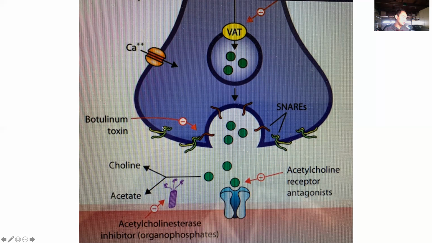Botulinum toxin stops the release of acetylcholine, so we will not have acetylcholine in the synaptic cleft. So botulinum toxin and organophosphate poisoning are opposite. Organophosphate increases acetylcholine in the synaptic cleft, while botulinum decreases the level of acetylcholine in the synaptic cleft.